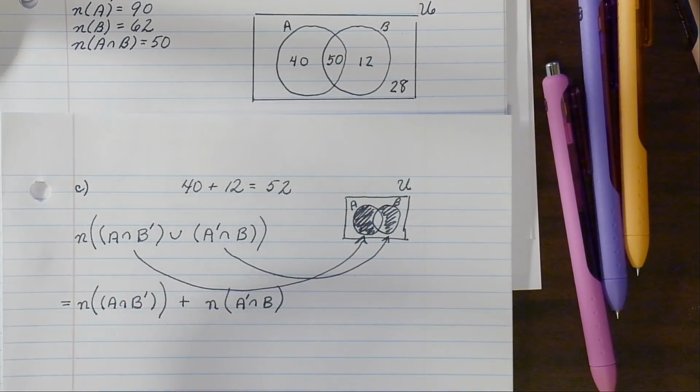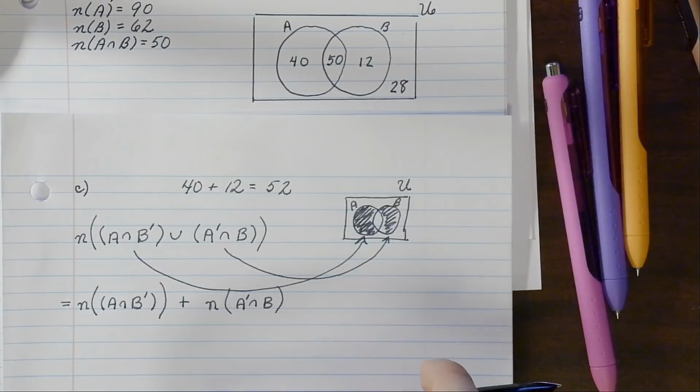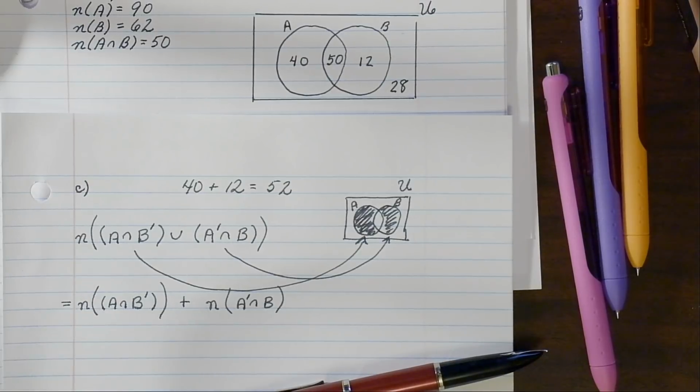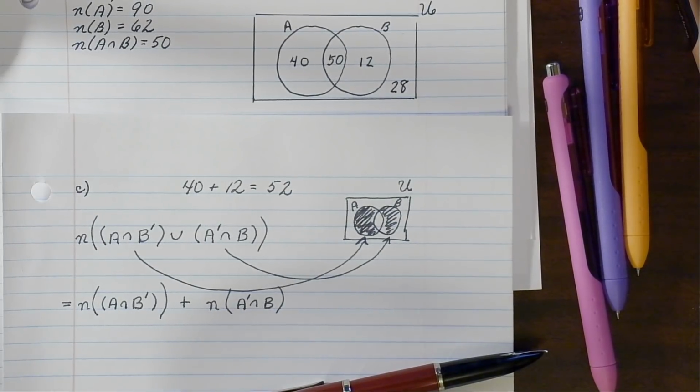Somebody asked me, is it okay if we just refer to the Venn diagram for the answers?